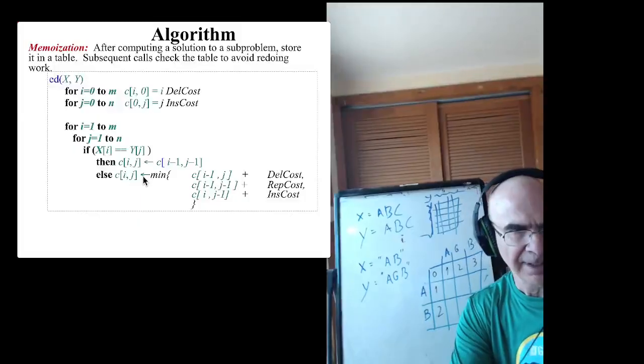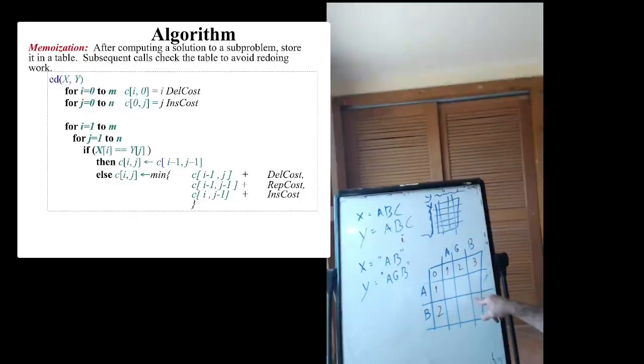Otherwise, C[i][j] is a minimum of, when we are filling out a cell, we are looking at the three neighboring cells: the cell just above, the cell just to the left, and the cell just diagonally. Out of these three cells, we are looking at the numbers, adding to each one the corresponding cost, but only these three numbers are relevant for us, and this will determine the value over here. Let's see how it works.